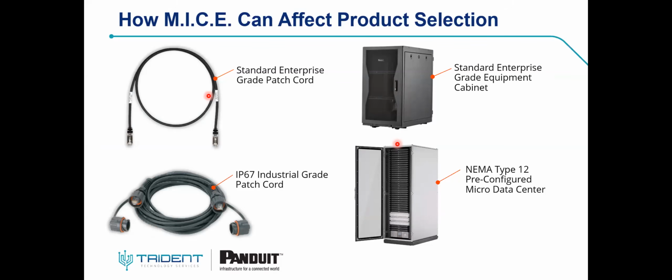So you need to choose, for example, a patch cord which is IP67, or sometimes you go for industrial grade equipment like NEMA type 12. It is an indoor cabinet but has a high grade of protection from dust, water, or liquid inside your environment.